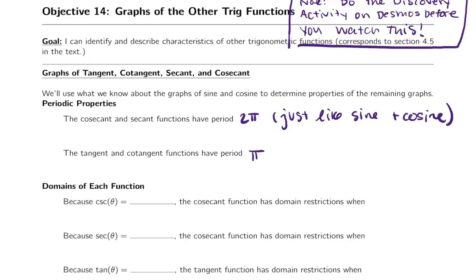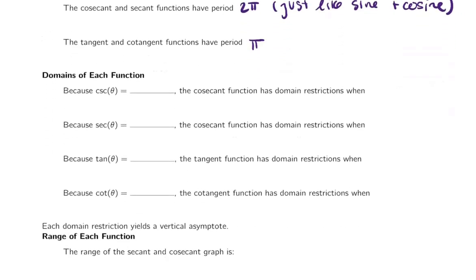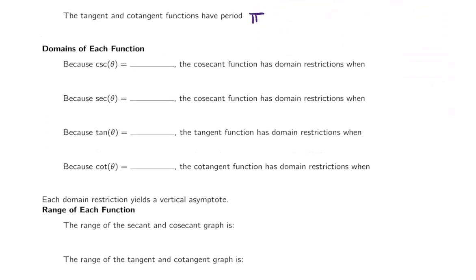I also want to talk about the domains of these functions, and a nice way to remember them is actually using the quotient and the reciprocal identities. The domain of a function, remember, is in this case the theta values, the angles that we could plug into a function. When we're graphing these, we're thinking about theta on our x-axis.